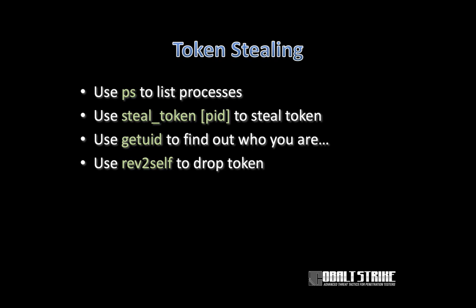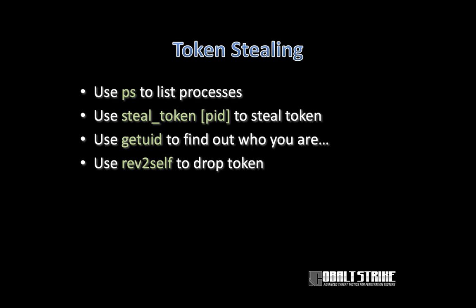How do you steal a token in beacon? Use ps to list the processes. If you want to steal a token, just do steal_token and that process ID. If this succeeds, your thread will now have that access token, and any commands you run and any actions you take that touch a remote target will use the credential material in that token's logon session to authenticate with that remote resource.